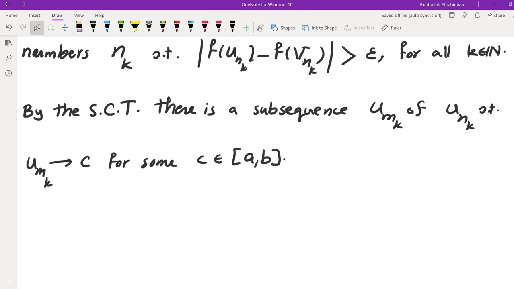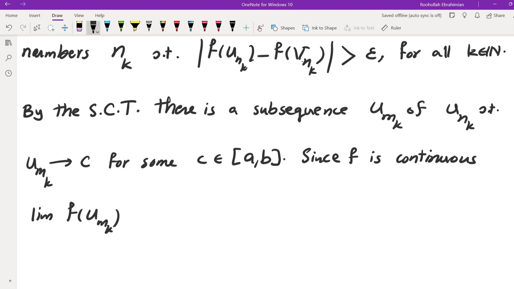Now we can apply the continuity of f. Since f is continuous, the limit of f of u sub m k is f of c as k approaches infinity.